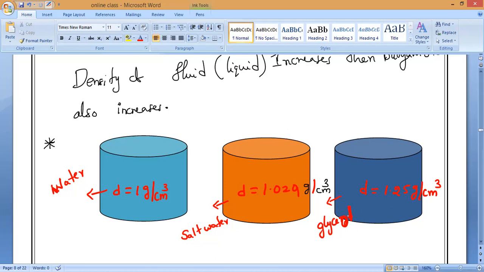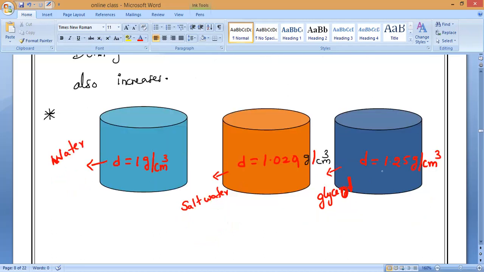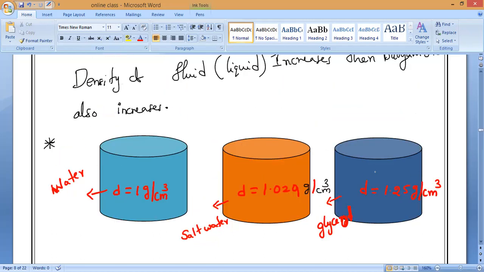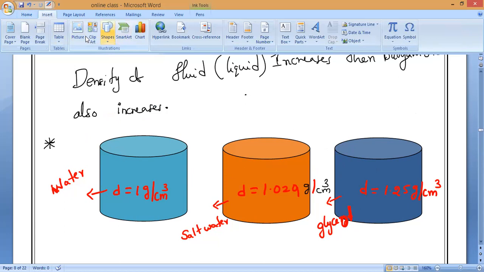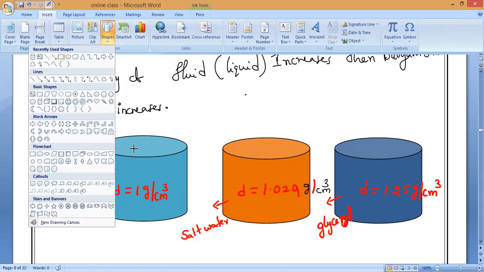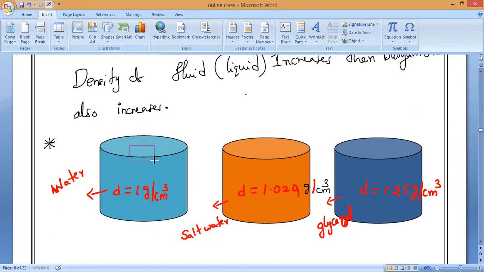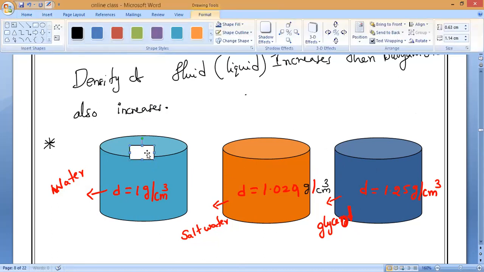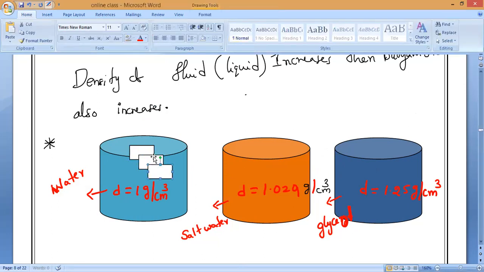Now observe, I have taken one object. In all the cases the object is floating. Observe very carefully. Here the immersed portion is more, here a little less, and here more or less.